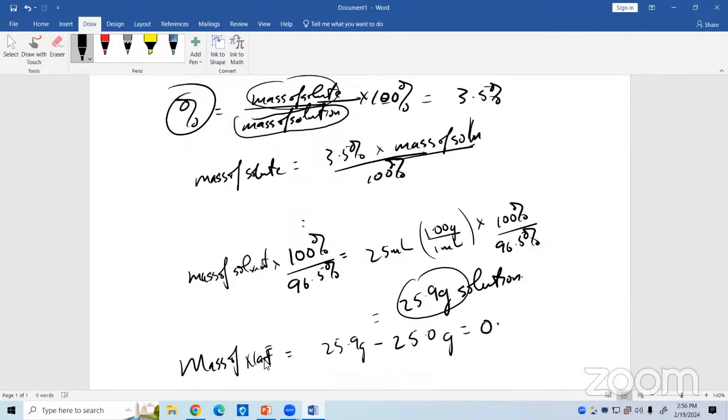So the mass of the sodium fluoride would be 0.9 grams. And that's how you do that. Thank you for pointing that out. All right. Any questions about that one? No? All right.